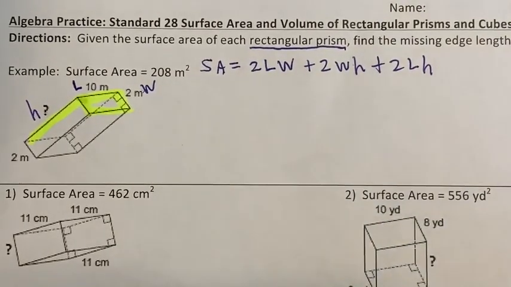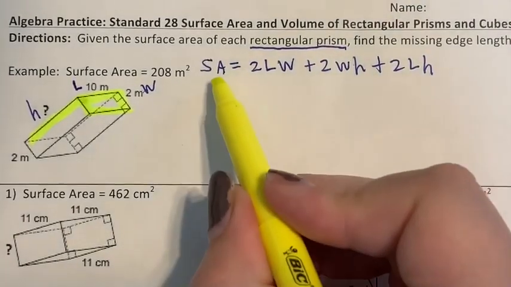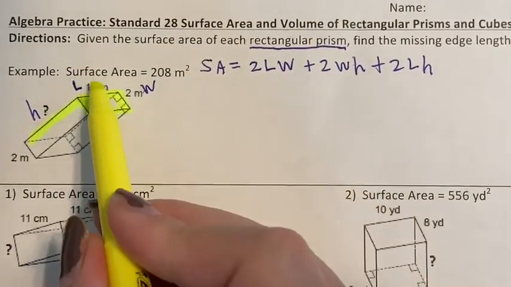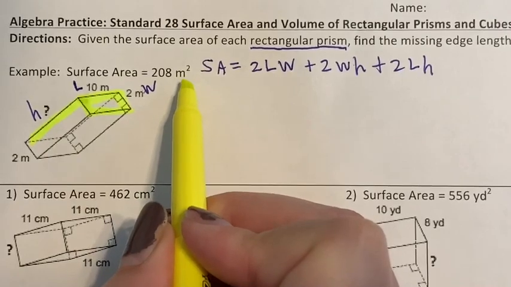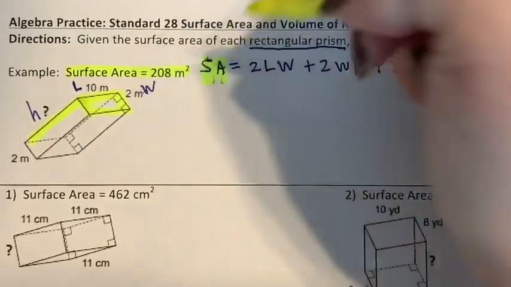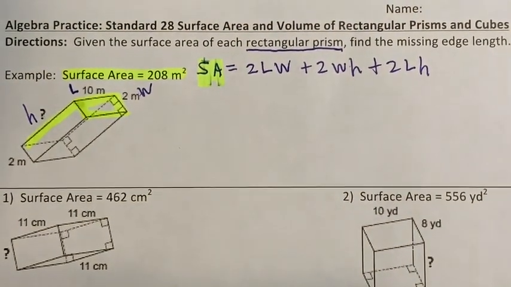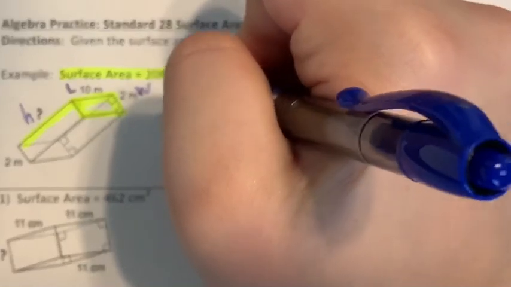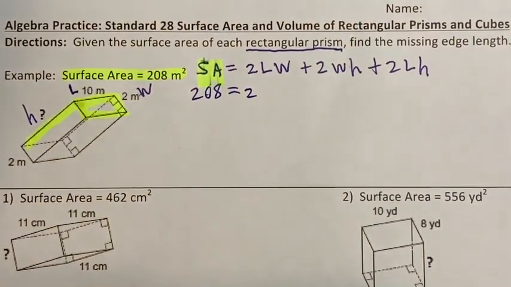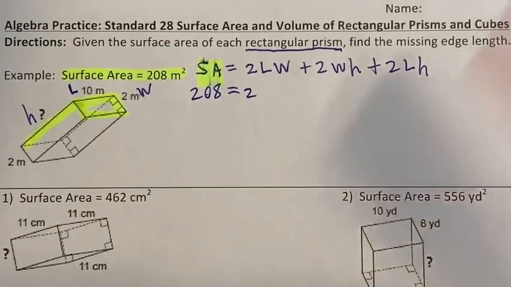So the first thing that I can actually plug in is my surface area, because here this example tells me that my surface area is equal to 208 square meters. So I'm going to plug in this 208 for my surface area. So I will have 208 equals 2 times my length.